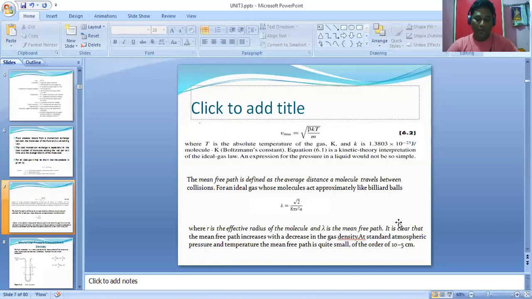And also reduces the range of lambda, that is lambda is equal to 2.27 into 10 power minus 5, where T is in K and P is in Pascal.